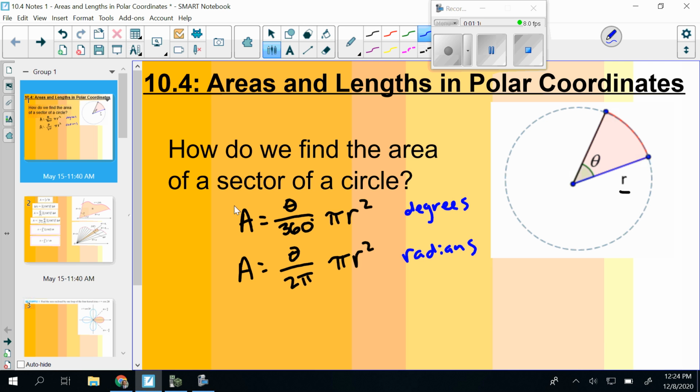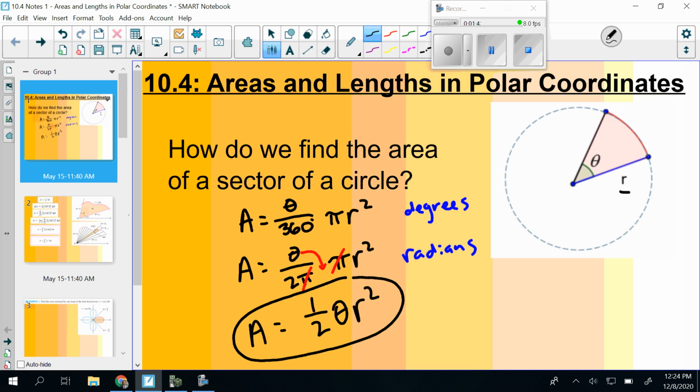Well, we can simplify this radians one out a little bit. If I cancel out these pi's and move this pi out of the numerator, the equation then becomes 1/2 angle times radius squared. And that's how you find area of a sector of a circle.